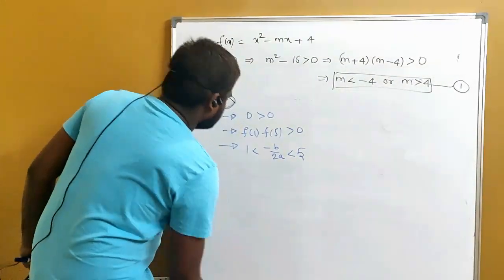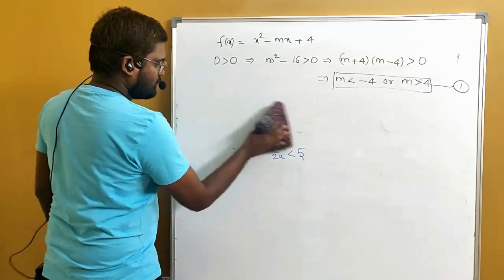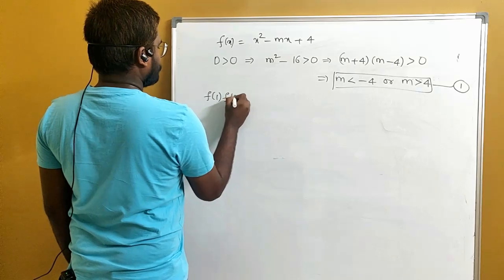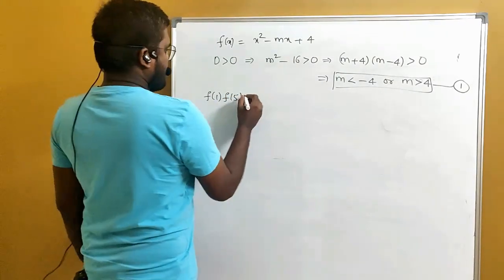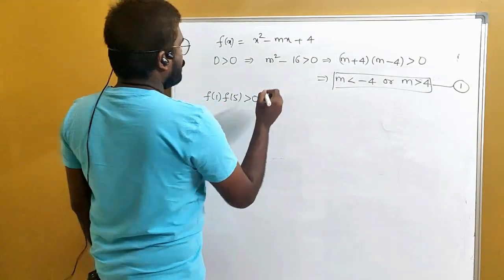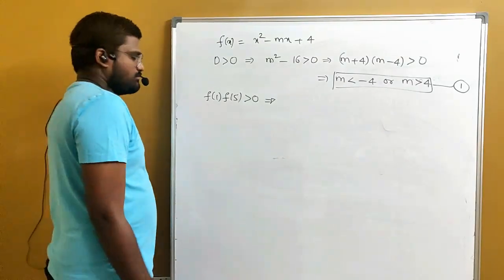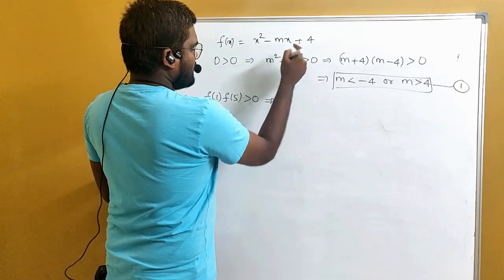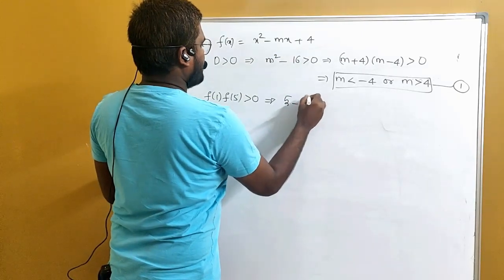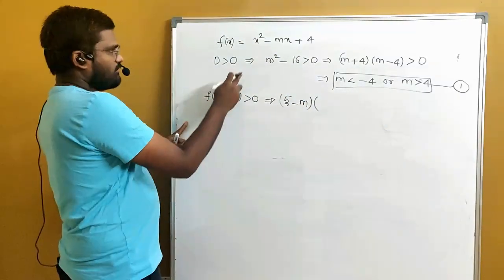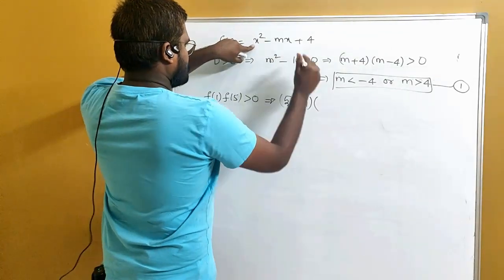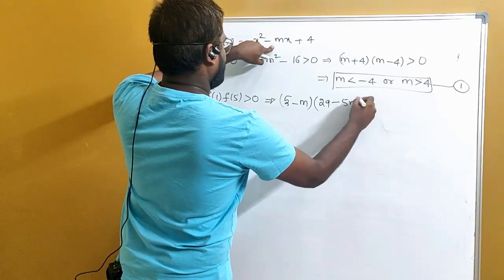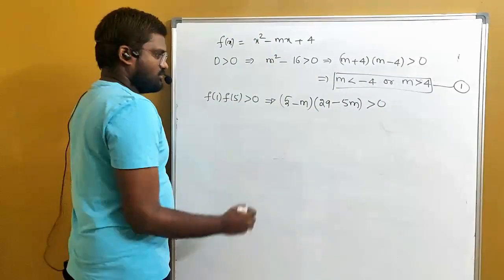Now next one, f of 1 into f of 5 greater than 0. Both will be positive. Now what is f of 1? 1 minus m plus 4. So this will be 5 minus m. I will write directly f of 5, 25 plus 4, 29 minus 5m greater than 0.